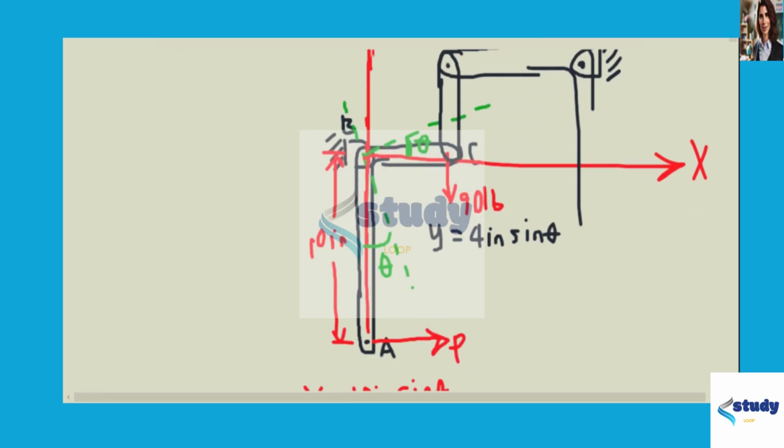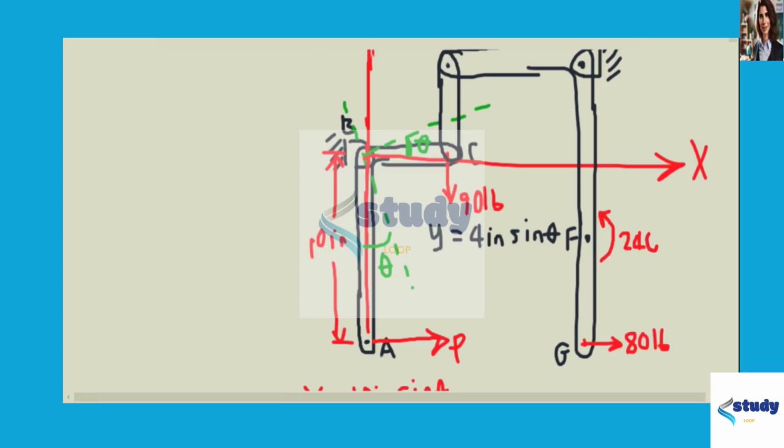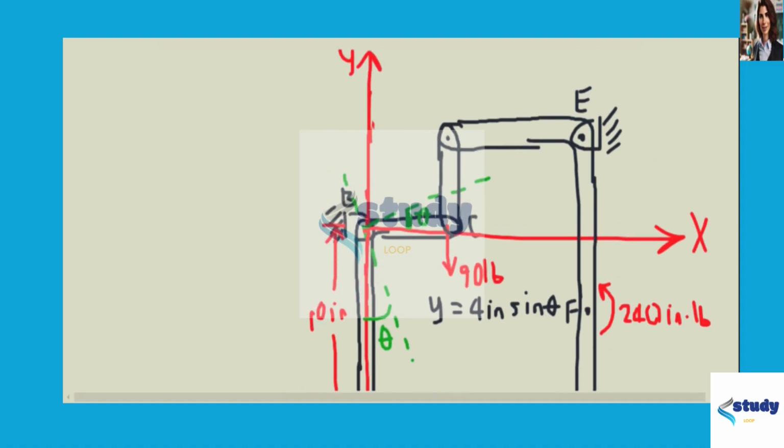And then it goes all the way down to point G. And there's also a point F just in here somewhere. I'm going to draw the 80 pounds here. And I'm going to draw the moment of 240 inch-pounds here. And looks like I've got all the forces and the moments drawn.